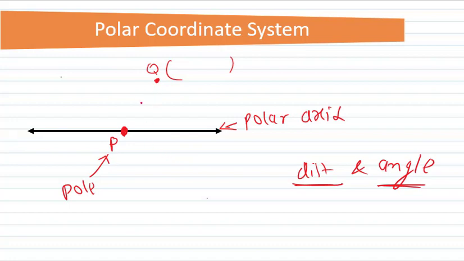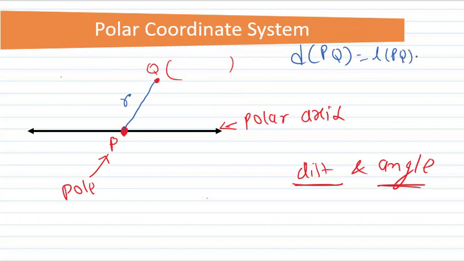Right. So here I have to join any point which I want to locate with the pole. Right. So I am going to join this point Q with pole. Okay. Now let's suppose the distance of point Q from pole is R. So here I will write distance of PQ or length of PQ.